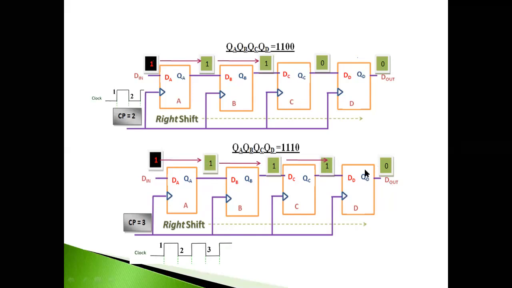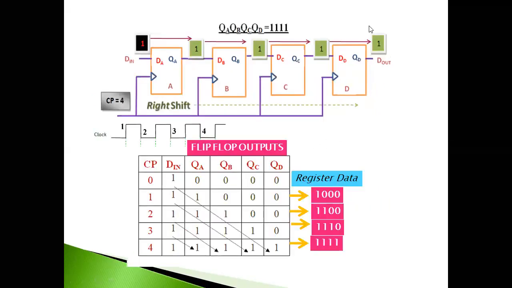So your output has become QA 1, QB 1, QC 1, QD is 0. If you want this data, you can stop. Otherwise, if I want QD also to be 1, you go for one more clock pulse, the same pattern.